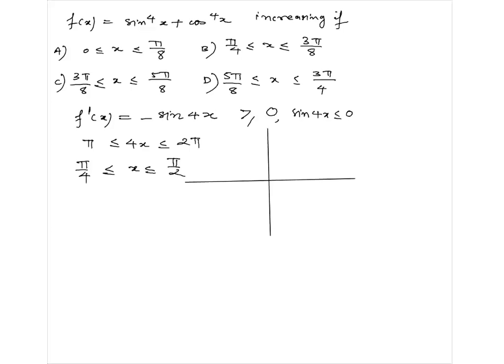I already told you the answer. The correct answer is B. Now the question is, what makes it B? Because we are getting this pi by 4 to pi by 2, pi by 4 to pi by 2.